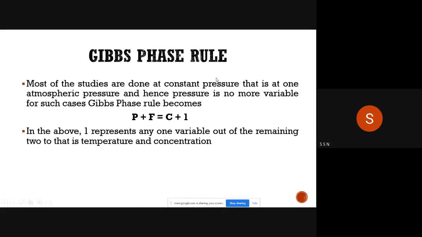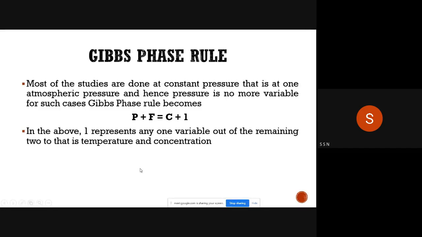So hereafter, whatever we are doing for phase diagrams, we are considering the equation P plus F is equal to C plus 1, because all things we are doing at constant pressure, at atmospheric pressure. That's why we are considering only 1 here. P plus F is equal to C plus 1.